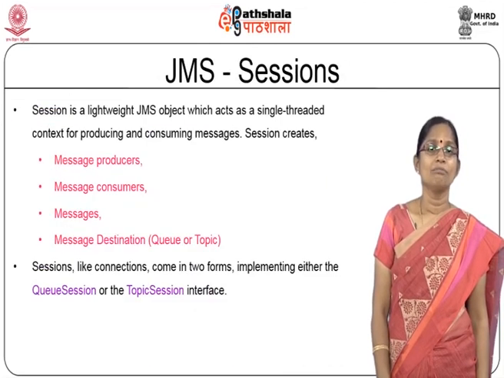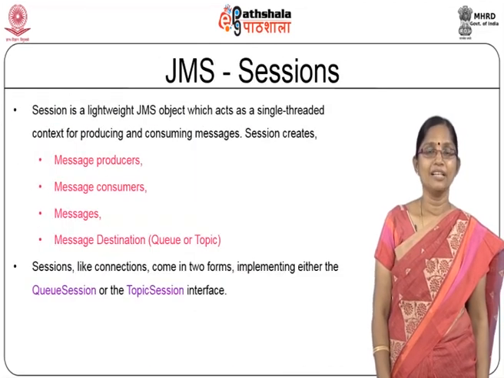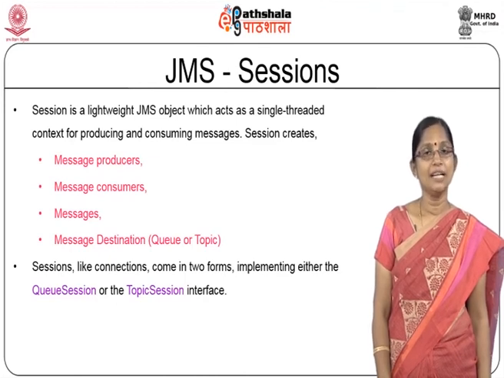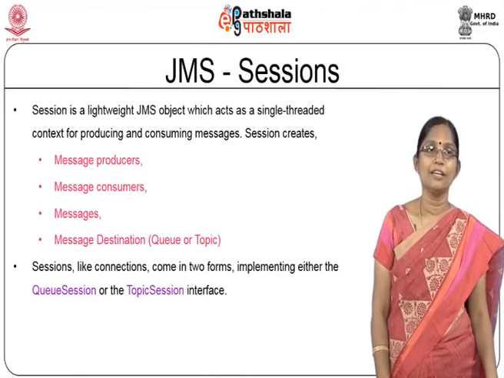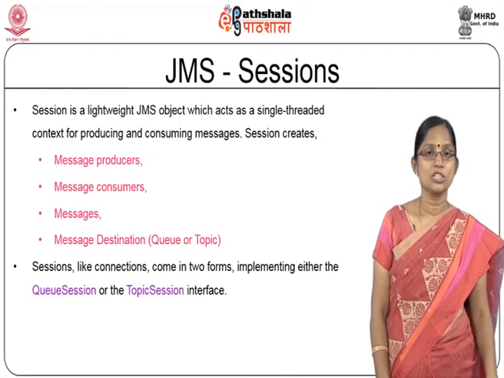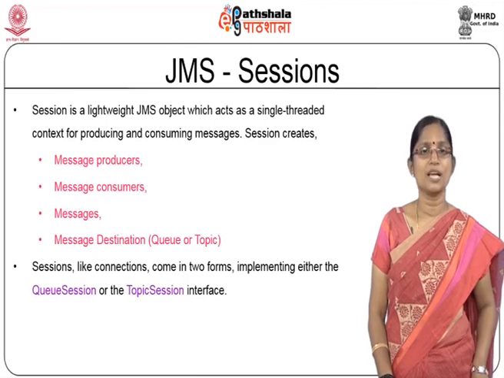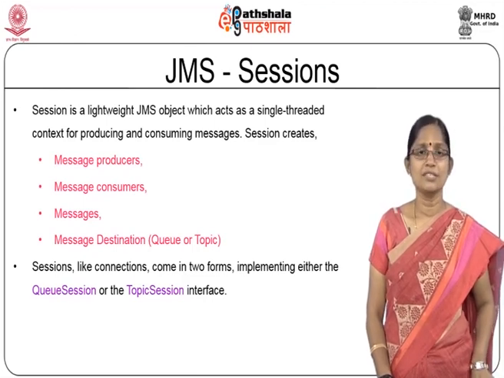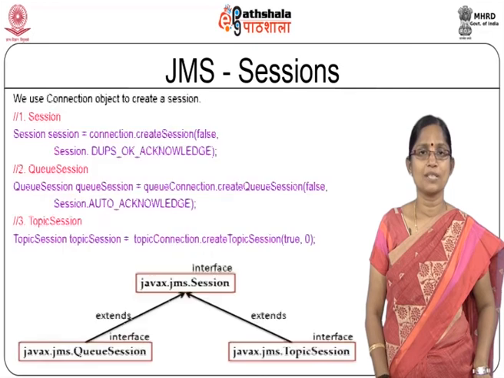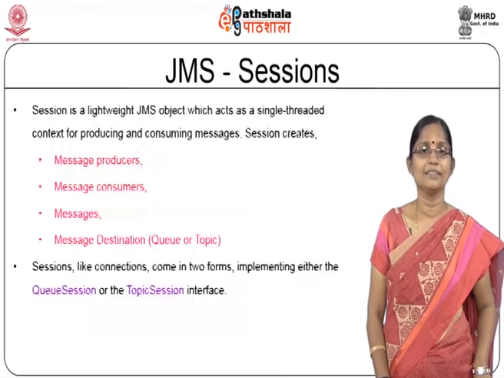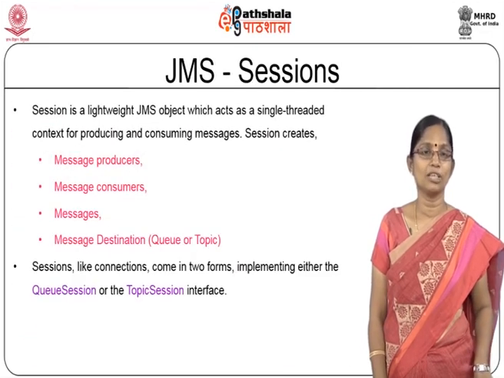Now we have seen connection factory, connection, session and destination. I told you already that the session creates message producers, message consumers, messages and message destinations. Message destination we have seen in the earlier slides: the destination can be a queue or a topic.